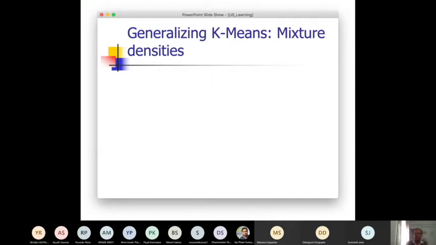So we'll see that we can extend this approach to a more general framework, where we can consider expressing the probability density function, or rather probability densities, of the input observation space as a mixture of probability density functions.